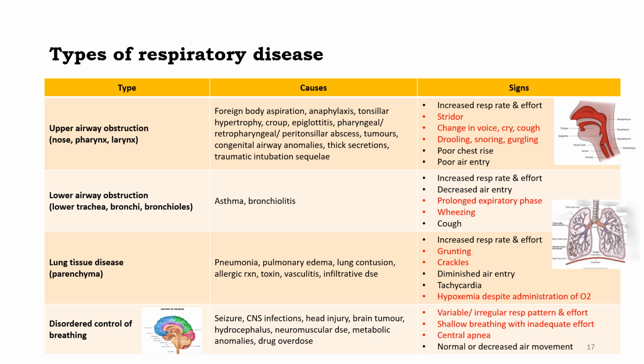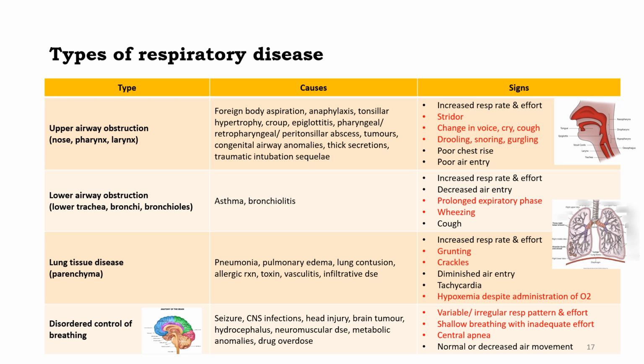When it comes to lower airway obstruction, it is the larger airways, the lower trachea, the bronchi, bronchioles. These can be affected in asthma, bronchiolitis, and in these children, the more characteristic features are wheezing, prolonged expiration, more prominent cough.